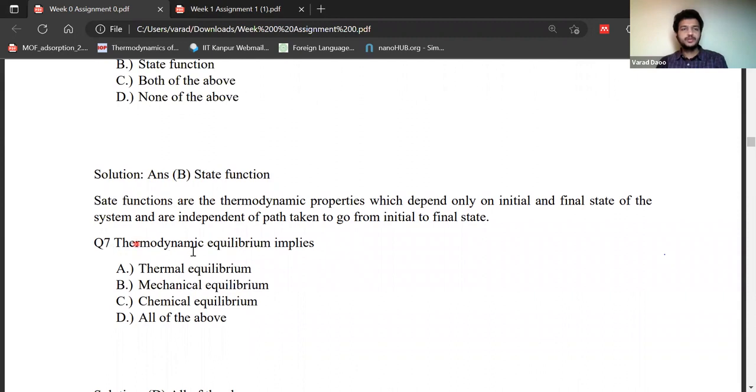So what is the next question? Thermodynamic equilibrium implies what? Thermal equilibrium, mechanical equilibrium, chemical equilibrium, or all of the above.